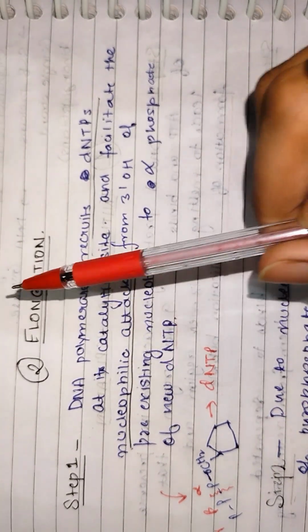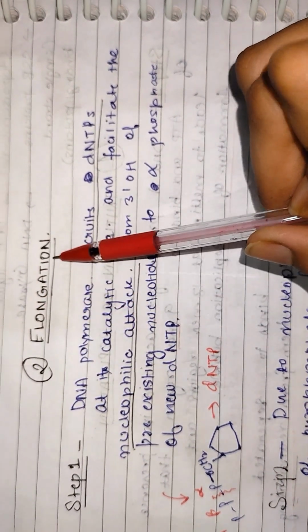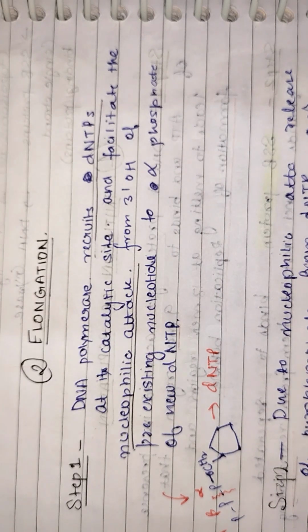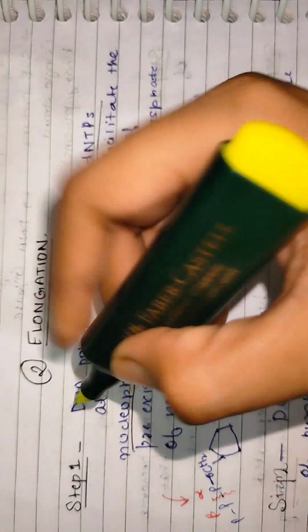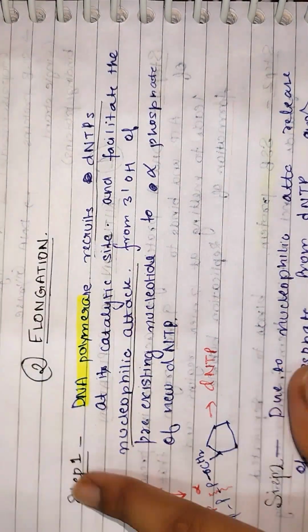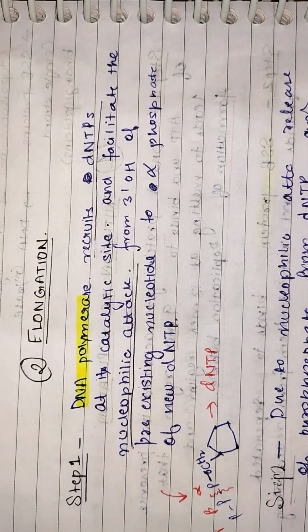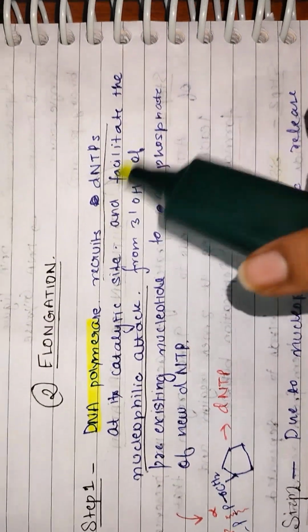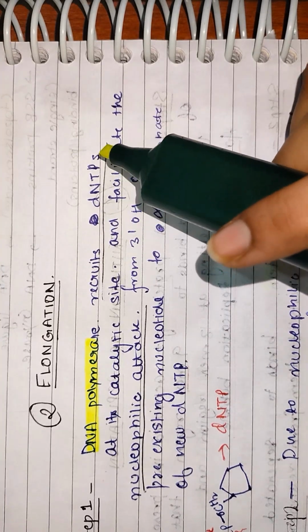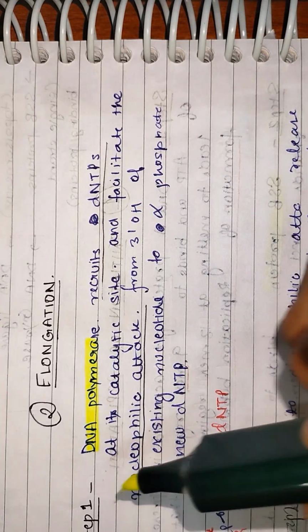The second part of DNA replication is elongation. In this, the DNA polymerase enzyme is involved. So step 1 of the elongation process is that DNA polymerase will recruit dNTPs, which are deoxynucleotide triphosphates, at the catalytic site.